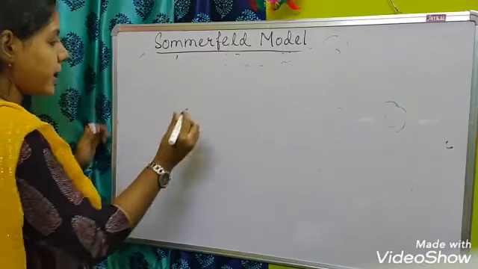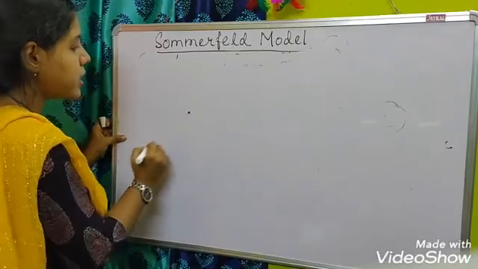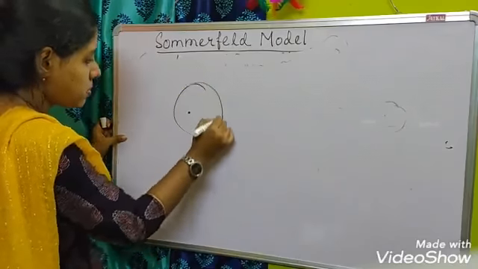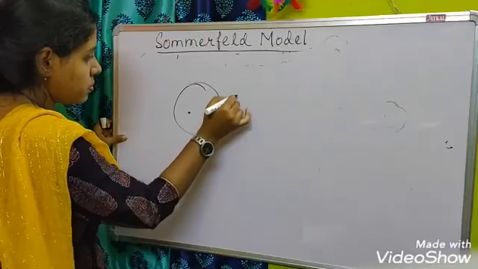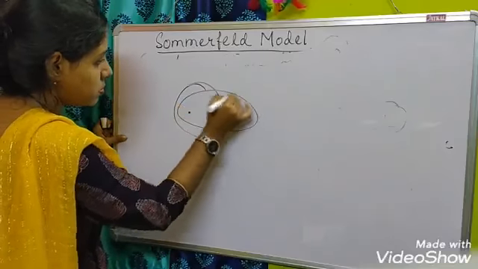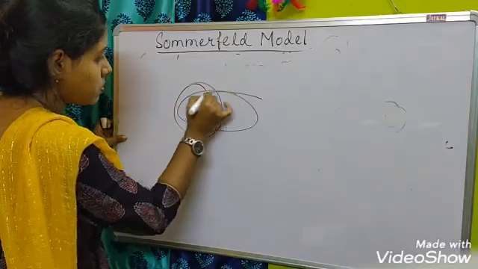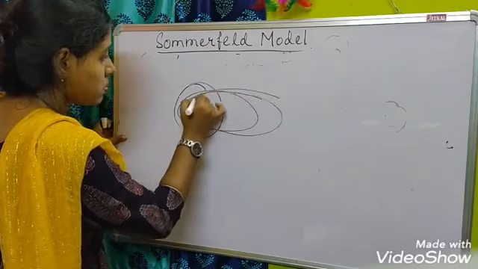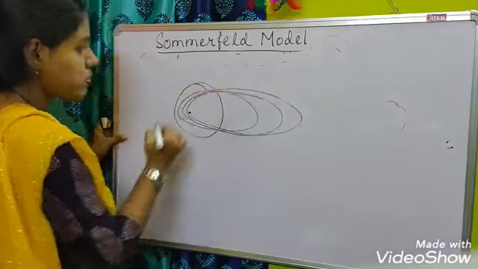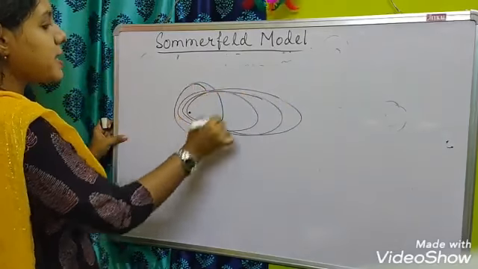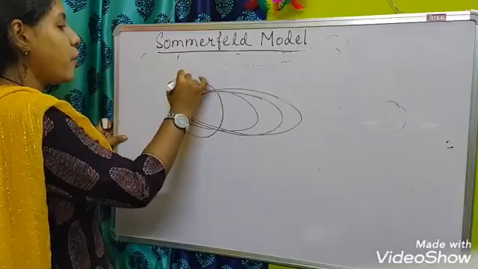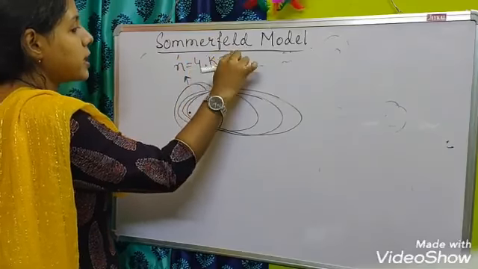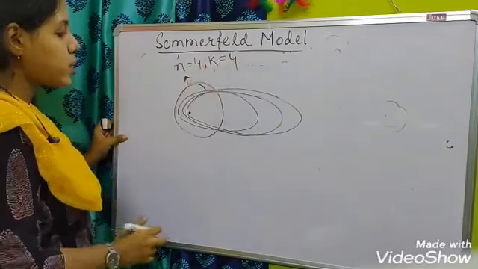The diagram will look like this. Just like here, if this is the nucleus, then this one that is looking like a circle, for this the value of n and k is the same, that is n is equal to 4, k is equal to 4.